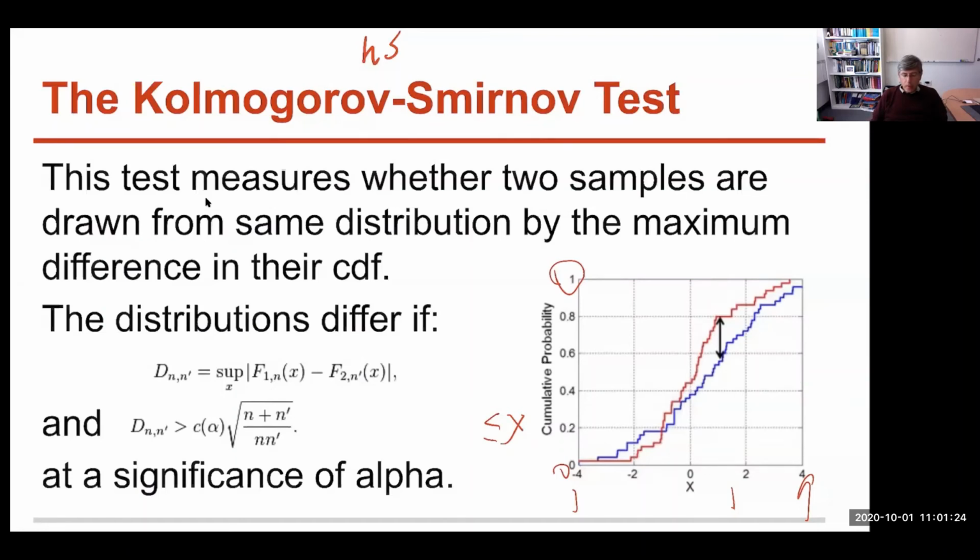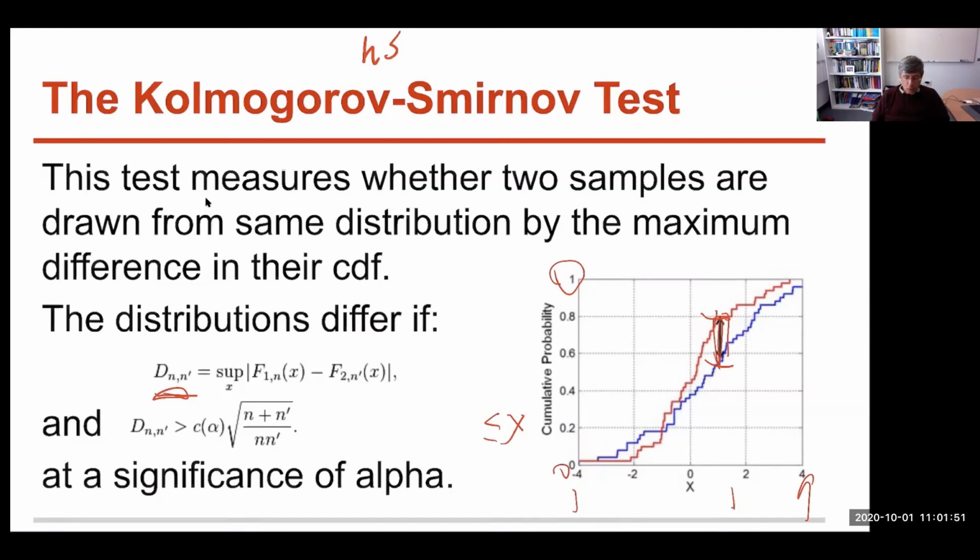How are we going to define fairly close? We're going to say that the maximum observed difference is small. We're going to compute the maximum deviation, the value of x that has the maximum difference between the two distributions.